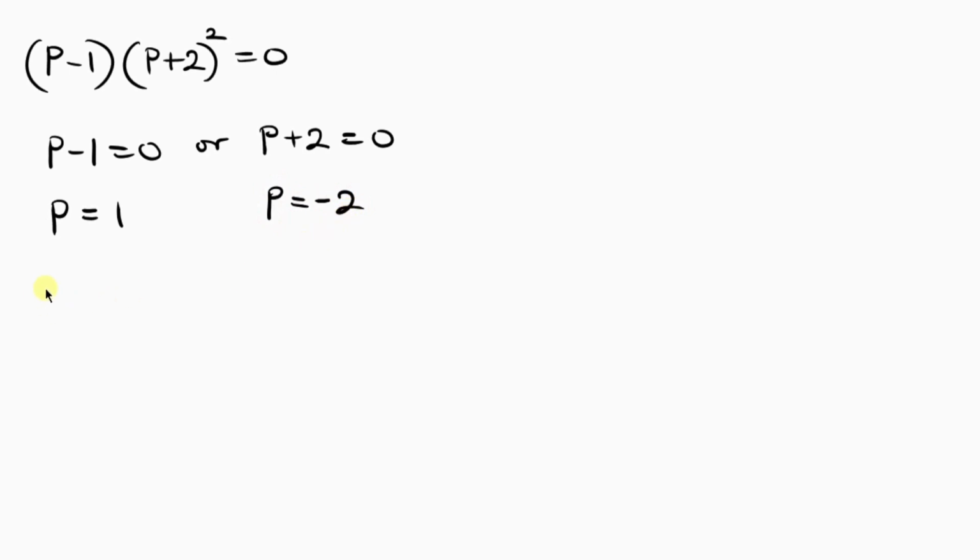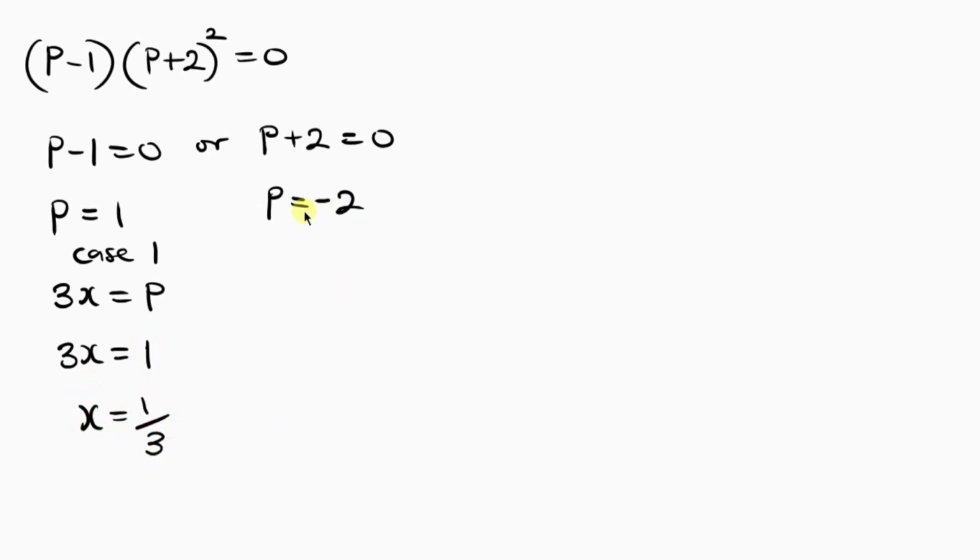We said let 3x be equal to p, right? From our substitution. So let's go ahead and put the value of p using the first case first. So let me write case 1. So for the first case, 3x equal to p, which for the first case is 1. So the value of x will be equal to 1 over 3.